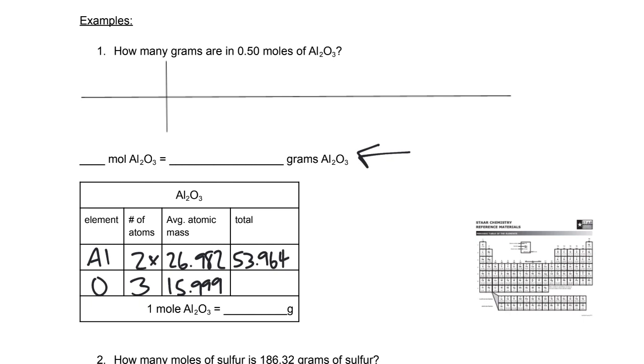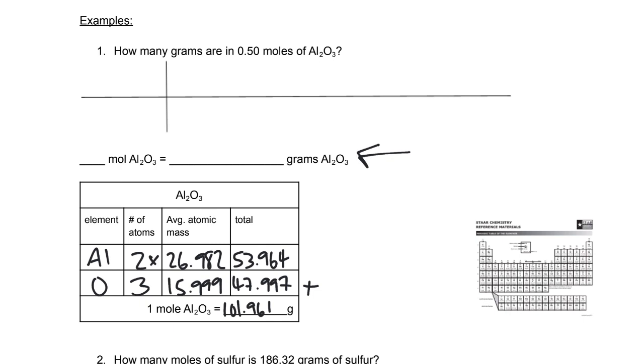And then oxygen, similarly, is 3 times 15.999, and that is 47.997. And then what we did with that last class is we added those totals together, which is going to give us 101.961 grams.